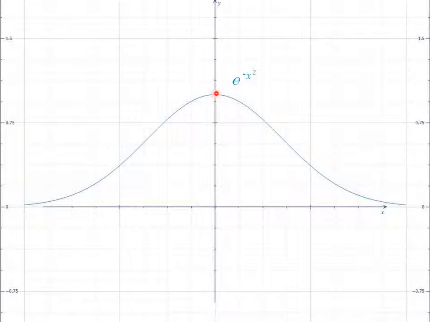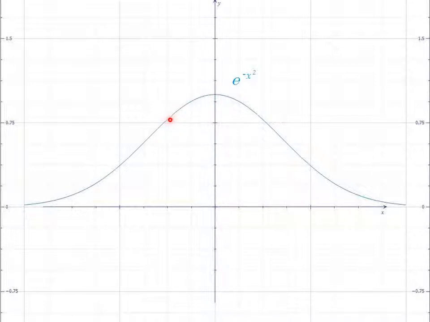And as we proceed to the right, it gradually goes closer and closer to the x-axis, which means it approaches 0. And the x-axis is indeed an asymptote. On the negative side, it does the same thing.